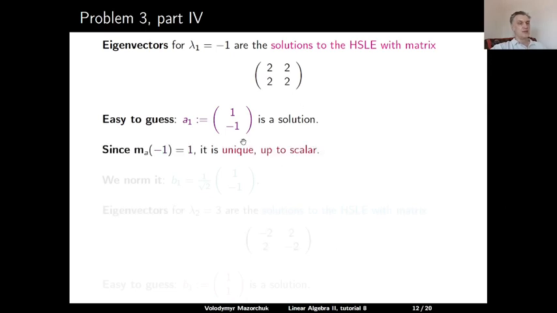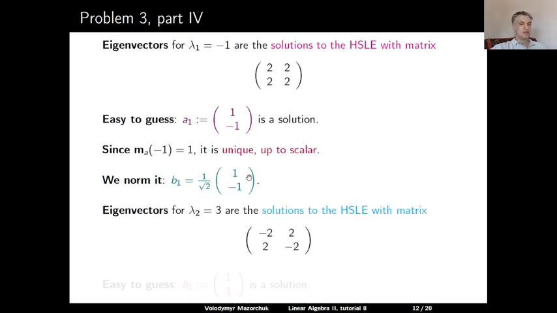Since the algebraic multiplicity of this eigenvalue is 1, this solution is unique up to scalar. And we have to norm it. Its length is the square root of 2, so we take the vector b1 to be 1 divided by the square root of 2 times (1, minus 1). So this is our first basis vector in an orthonormal basis.